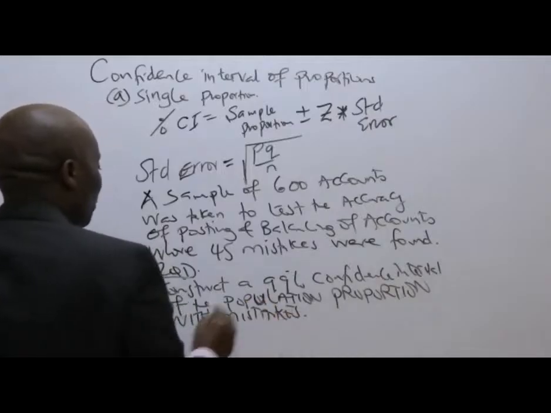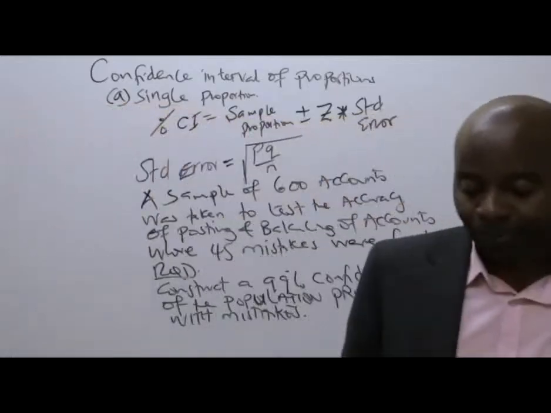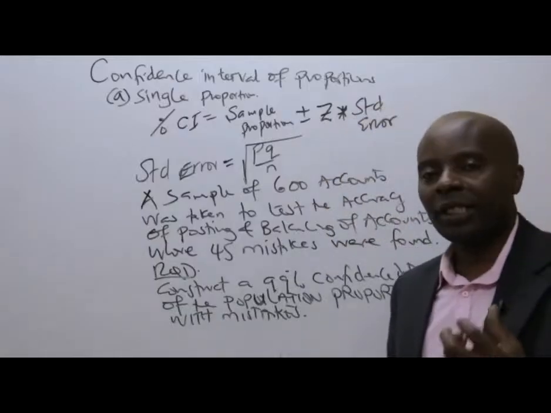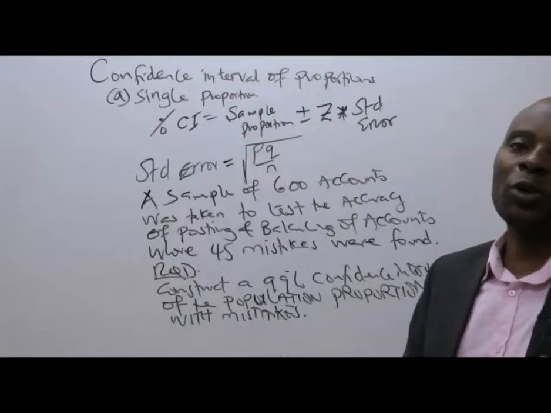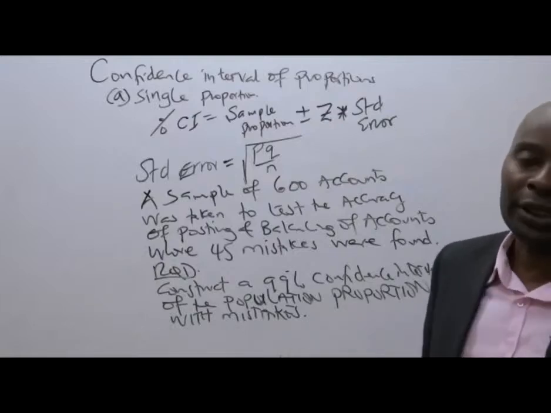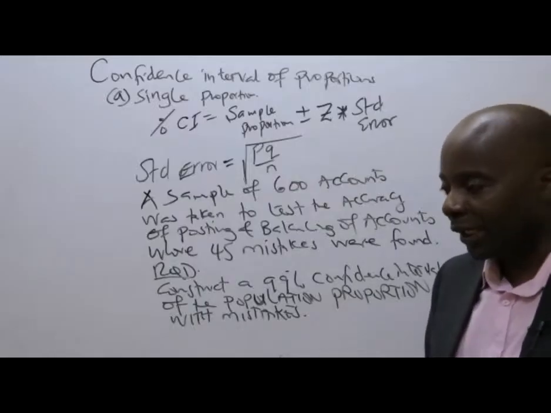So for us to know the kind of audit techniques we shall be using, we would want to know the population mistakes. Where do they fall? What magnitude am I looking at?